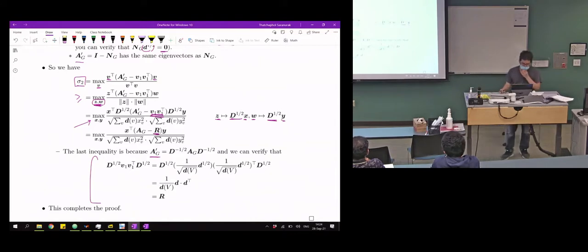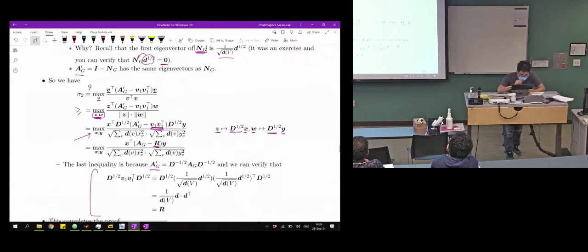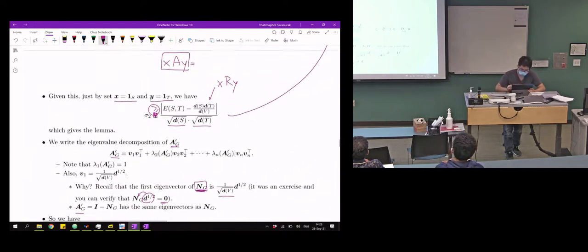How about the first equality for sigma 2? Why is this true, you ask. Since that's kind of close to the definition of sigma 2 itself. Oh, thanks. I should put maybe a plus minus here.